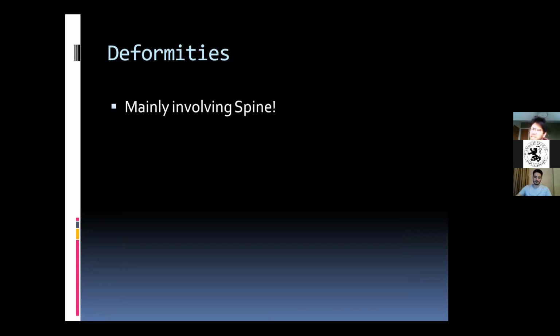Can anyone tell me actually what deformities of the spine there are? What are we thinking about when we're talking about deformities of the spine? Good. Excellent. Kyphosis and scoliosis. Well done.